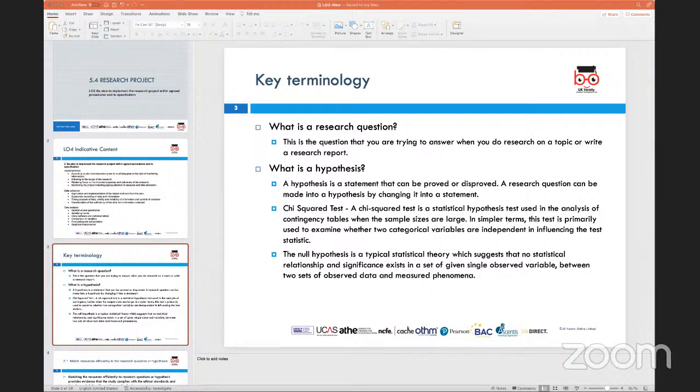Now, there are two different types of hypotheses which are generally very common that we have seen. So one is the chi-squared test hypothesis. Now, this is generally a statistical hypothesis which is used to analyze contingency tables when the sample size is very large.